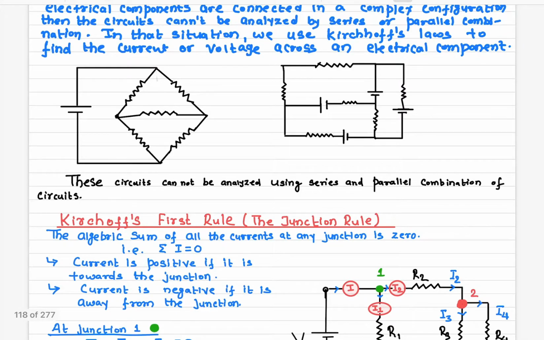So for example, here we have two circuits, this circuit and this circuit. These circuits cannot be analyzed either by using the series combination or parallel combination or both. And you see here there are multiple voltages applied, so solving this one by series or parallel combination will not work at all.